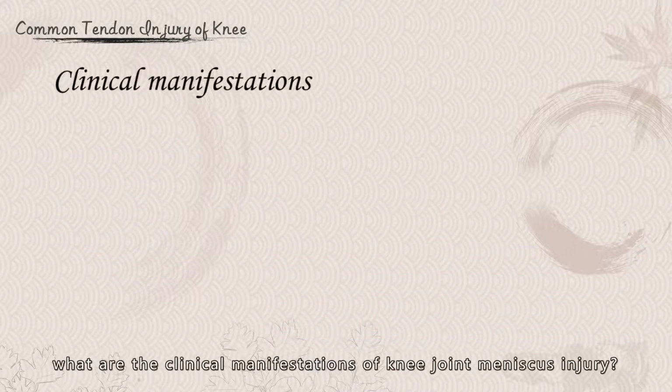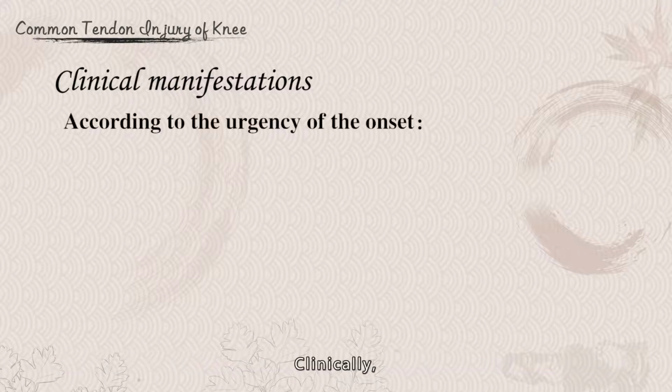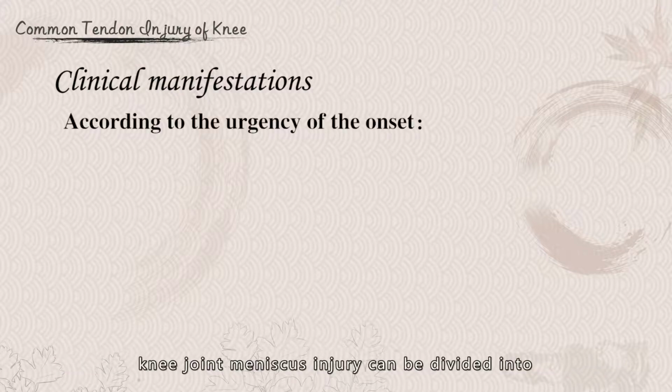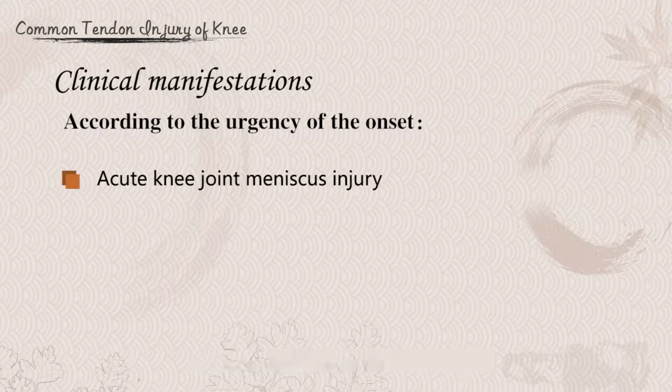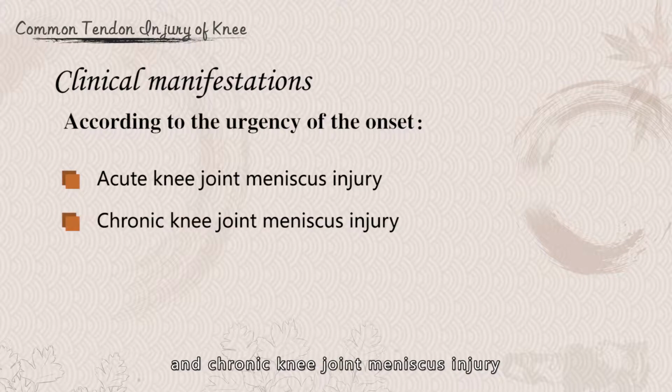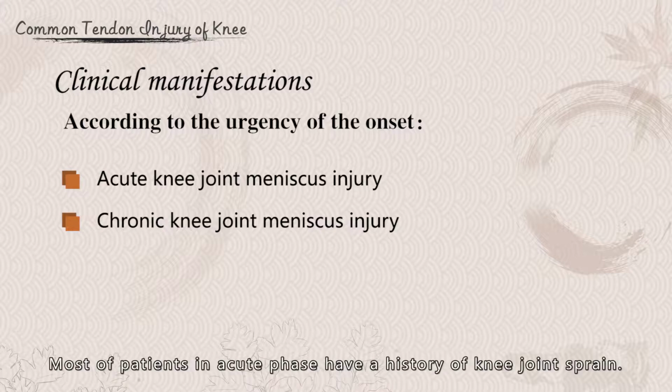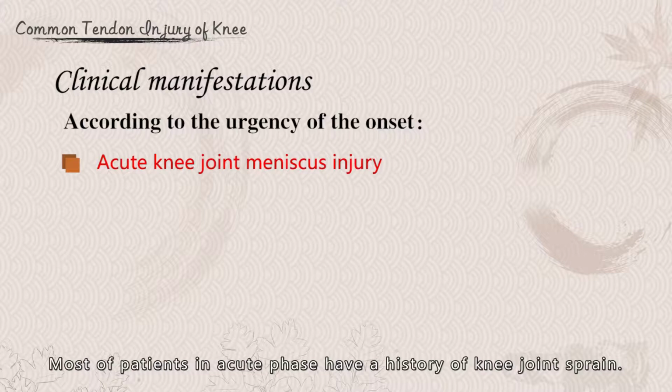Then, what are the clinical manifestations of knee joint meniscus injury? Clinically, knee joint meniscus injury can be divided into acute and chronic meniscus injury based on the urgency of onset. Most patients in the acute phase have a history of knee joint sprain.